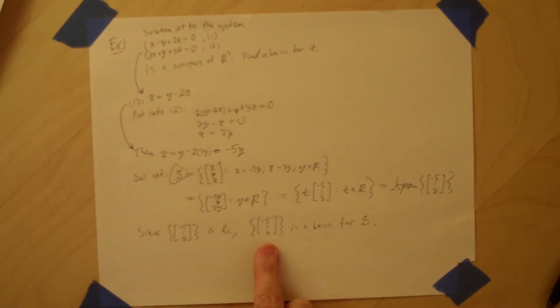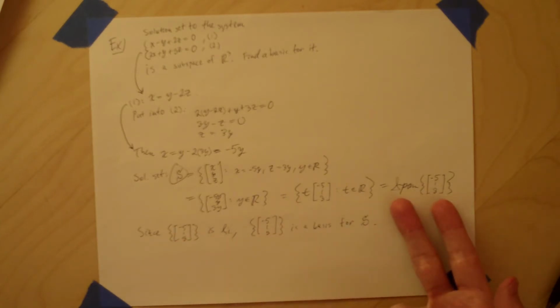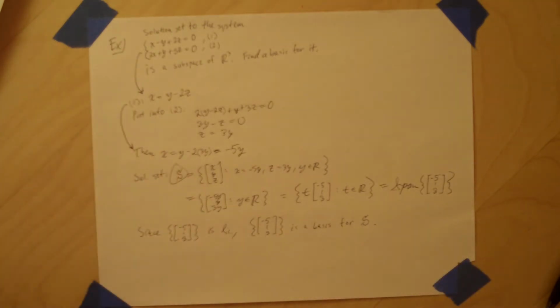So this set here is linearly independent, and since it spans the space in question, the solution set to this system, that set is a basis for S. A basis for any vector space is a spanning set for that space that is linearly independent. All right, let's rock and roll with some more fun stuff.